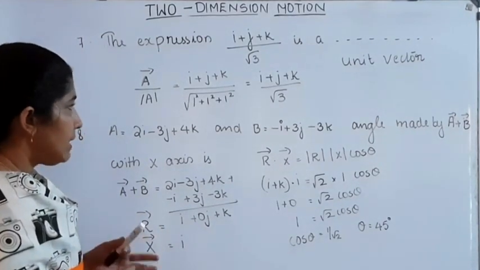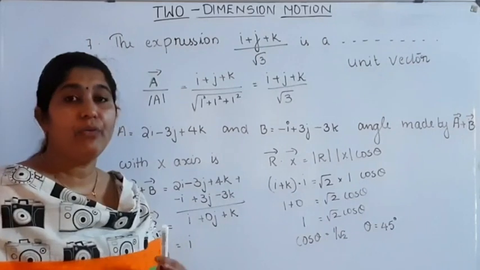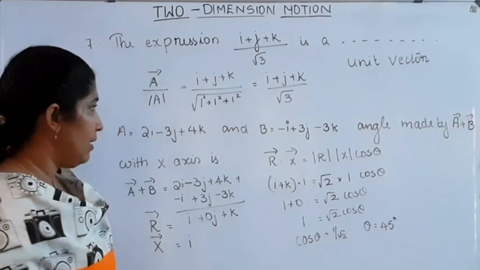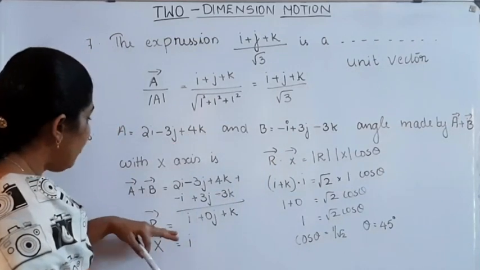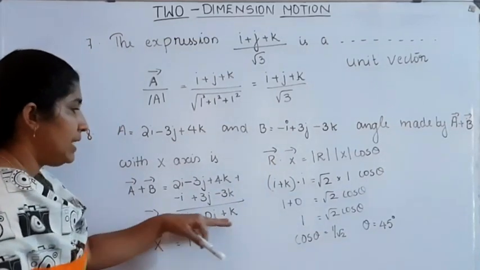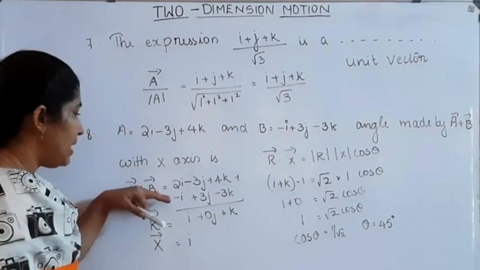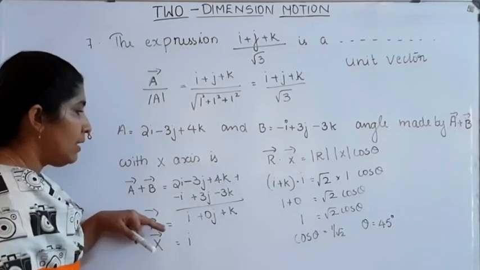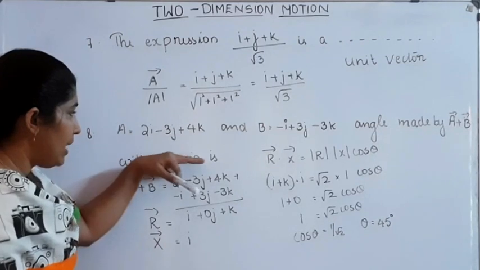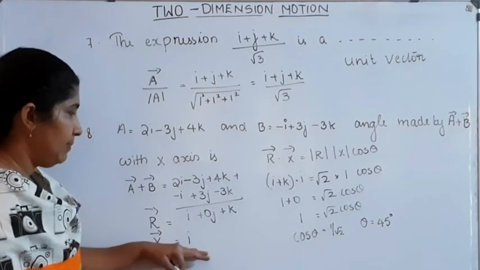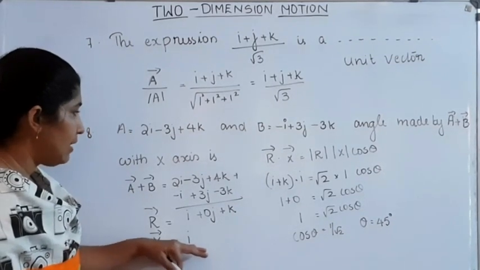Okay. In this case, first of all, we want to find vector A plus vector B. On adding these two values, we get vector R as i plus k. And the value in the x-axis is taken as i, vector x is equal to i.